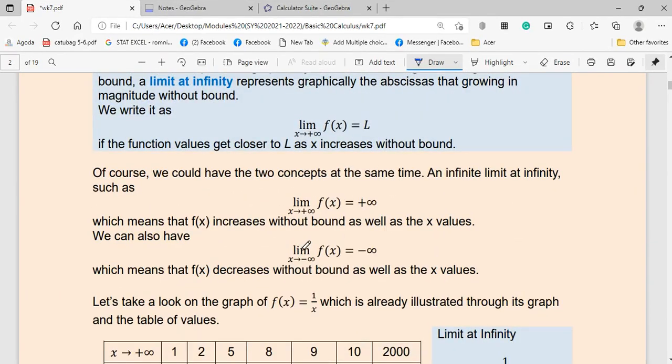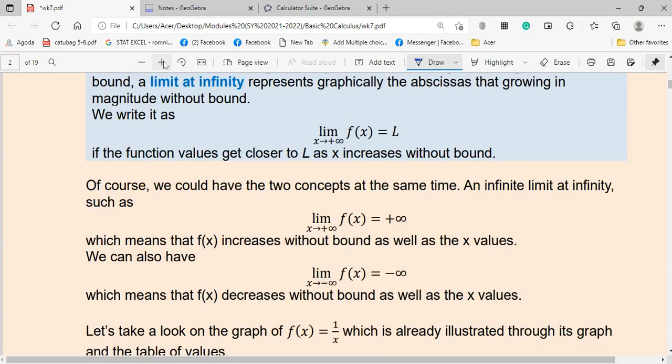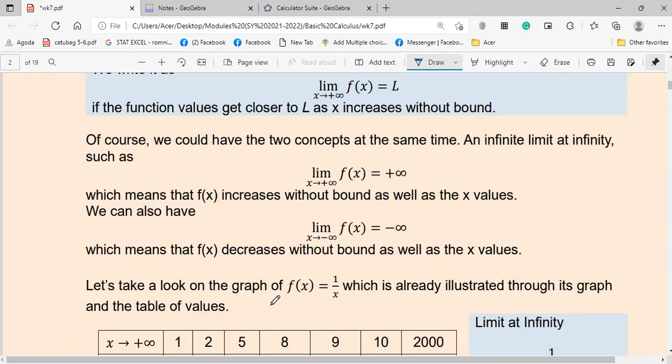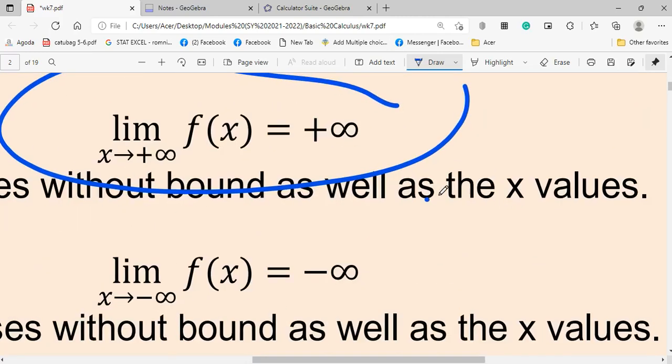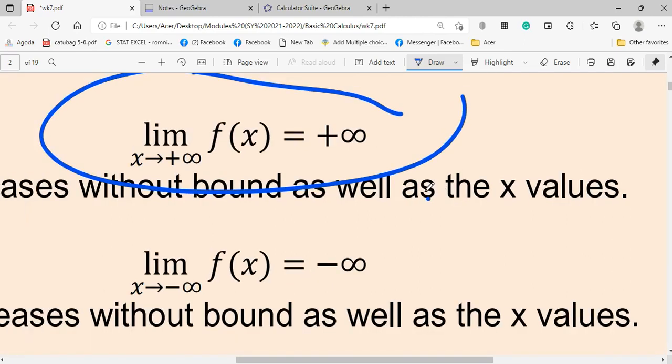Okay. Of course, nilagay ko dito. Okay, parang binabasa ko yung mismong nilagay ko. Of course, we could have the two concepts at the same time. So, ibig sabihin, the concept of infinite limit and limit at infinity can go together. Just like this. Ang ibig sabihin, there are cases wherein when x just keeps on increasing, this one is an indication of infinite limit.